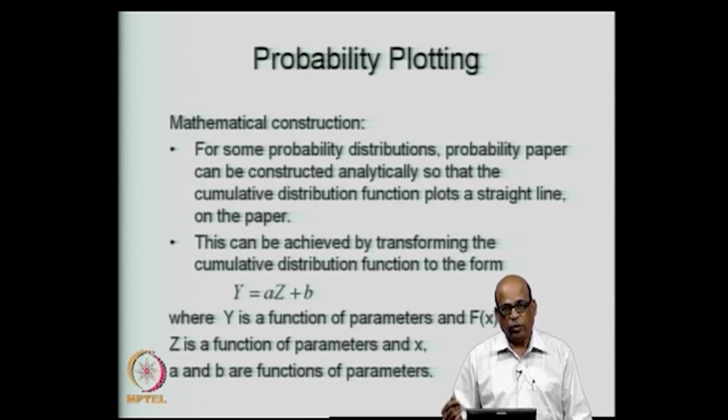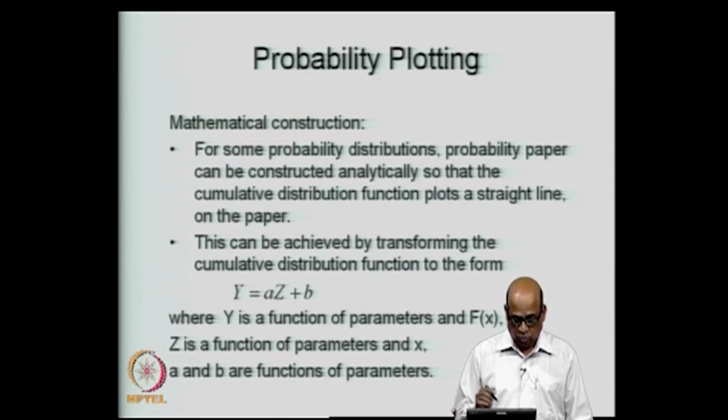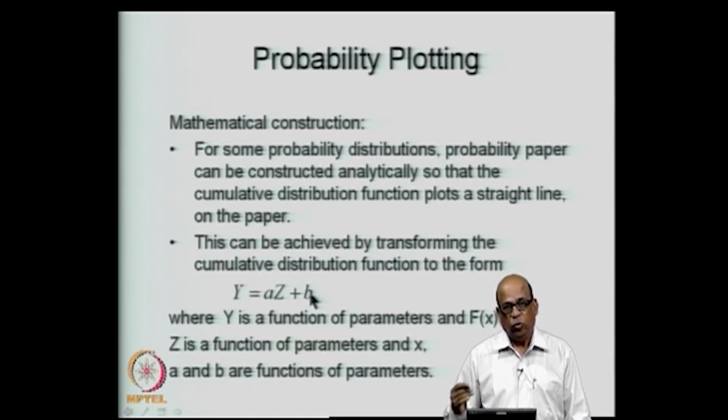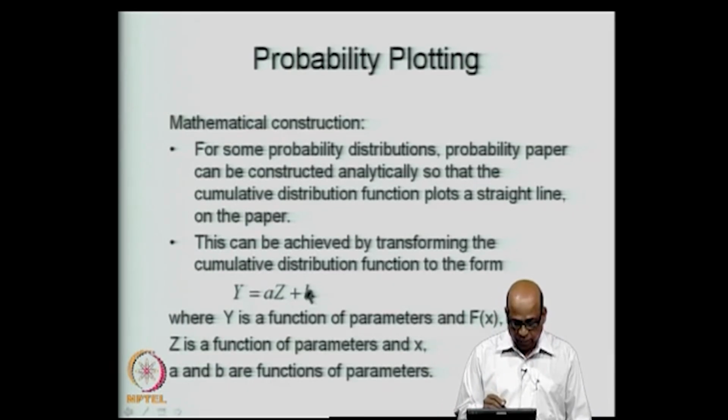Let us say you have the exponential distribution, which has a parameter lambda. So, y can be a function of the CDF as well as lambda. z is a function of your original data x as well as the parameter, and a and b are functions of the parameters. If you convert your CDF into such a form, then you can plot y versus z, and that plots as a straight line. This is an equation for a straight line.